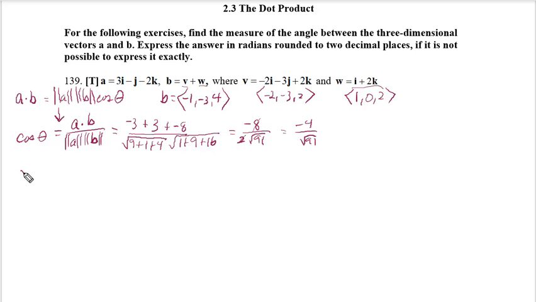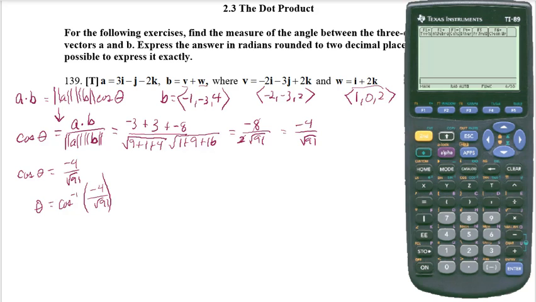So if the cosine of theta is equal to -4 over square root of 91, we know that theta is the arc cosine of that. Alright, so we'll try our calculator, see what we get. Now our answer needs to be in radians, and you see here that we are in the radian mode on our calculator, so what we type will produce an answer in radians.